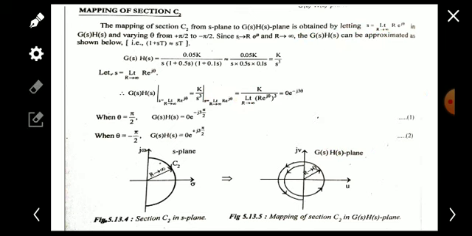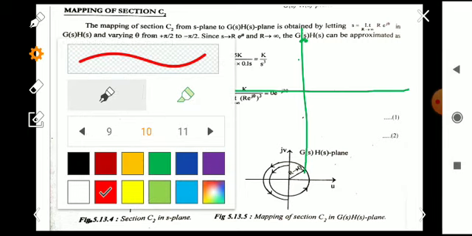Okay, so listen carefully. Here the magnitude is 0. So the radius here will be 0, and the angle is varying from minus 3 pi by 2 to plus 3 pi by 2. So minus 3 pi by 2 is here, that is minus 270. Minus 270 is here.